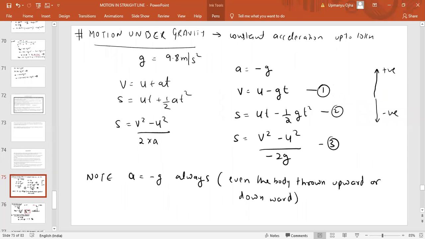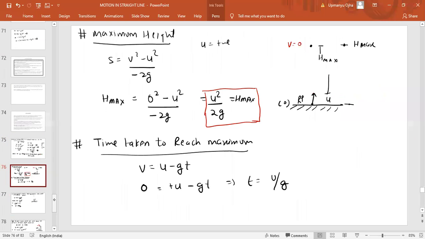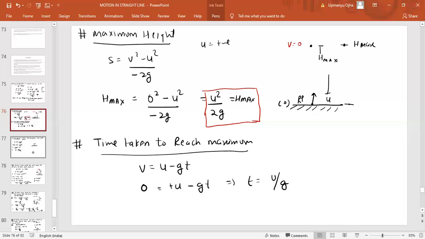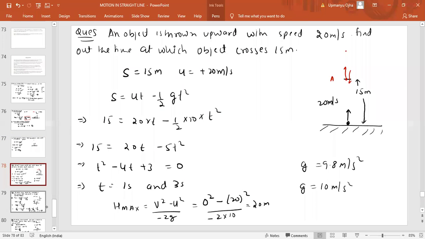So this was the way we have discussed now. See, for the speed, if I take the magnitude of the velocity, it will be speed. In the previous problem, what is the speed of the particle? That would be 22.3.